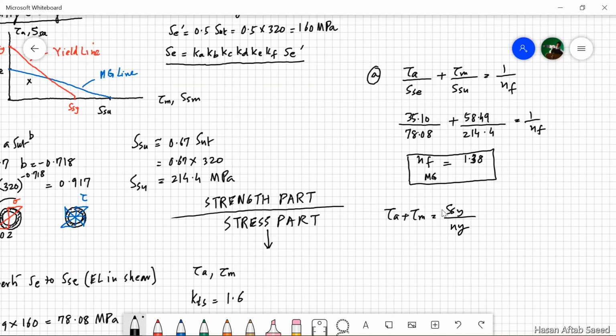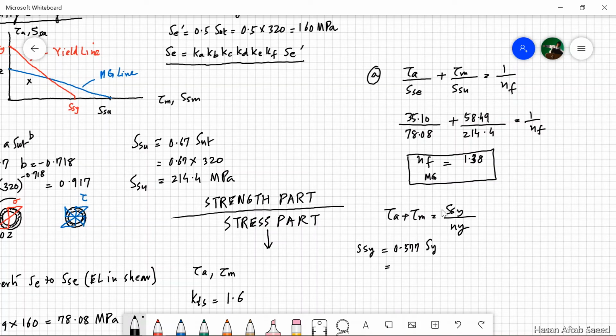This is the yield strength in shear. Now SSY can again be calculated very simply by recalling the von Mises criterion, where you can convert the normal strength into shear strength for a ductile material, and the factor used is 0.577. So SSY is equal to 0.577 times SY. This is the yield strength that we read off chart A20.